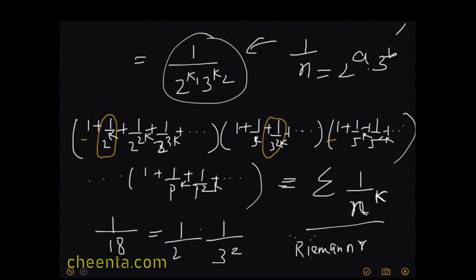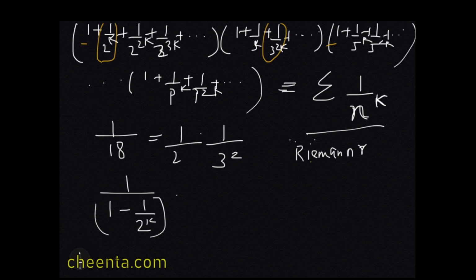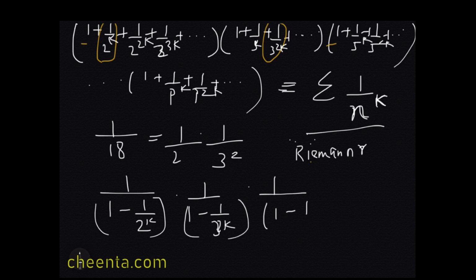But we know what this series is: 1 plus 1 by 2 power k plus 1 by 2 power 2k. This is a geometric progression, with geometric ratio 1 by 2 power k, so the sum is 1 by 1 minus 1 by 2 power k. Similarly this will be 1 by 1 minus 1 by 3 power k, and 1 by 1 minus 1 by 5 power k, and so on for all primes.